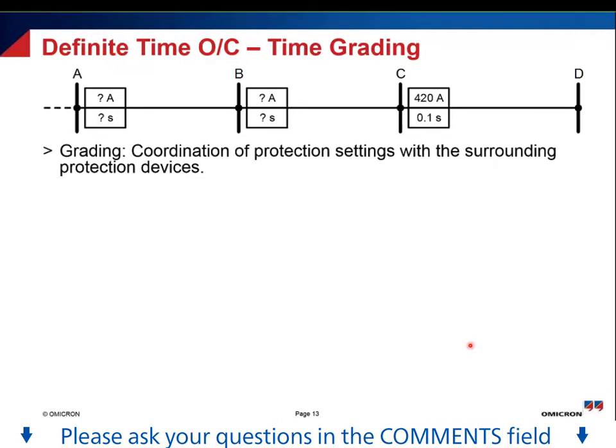But what about the other protection devices, the protection devices in B and in C? Well, for this we have to do protection grading. That means we need to do a coordination of the protection settings between the surrounding protection devices. For example, the protection device B here must be set taking the settings of the protection device here in C into account.